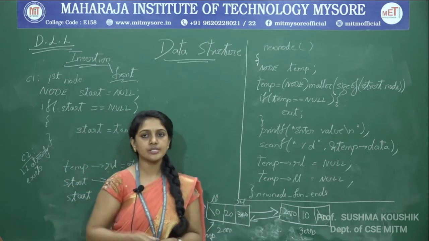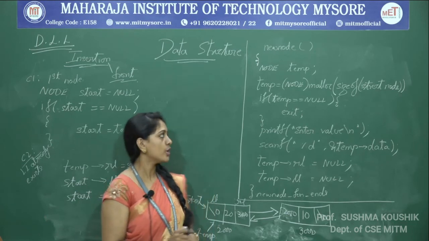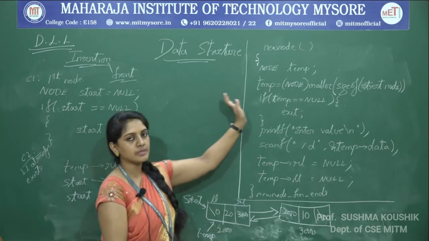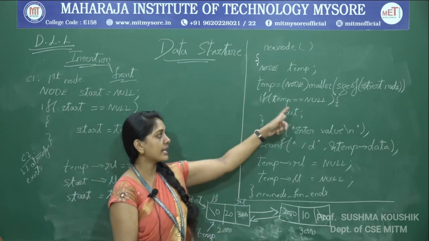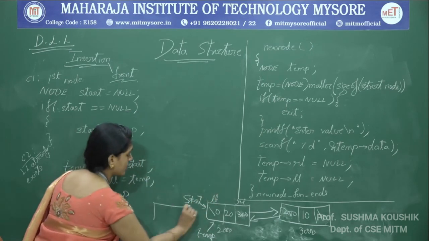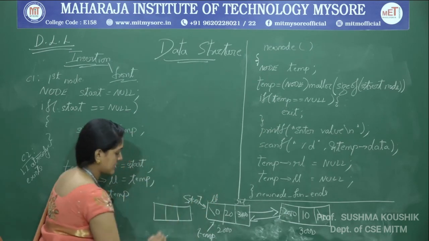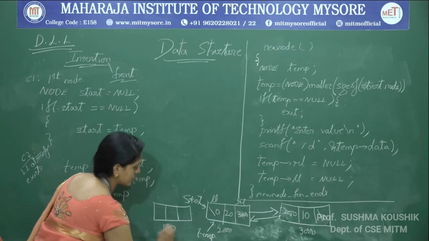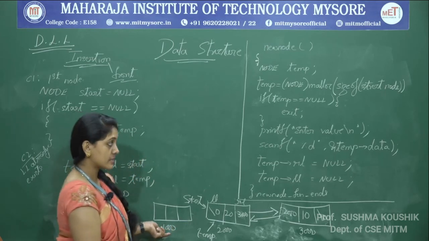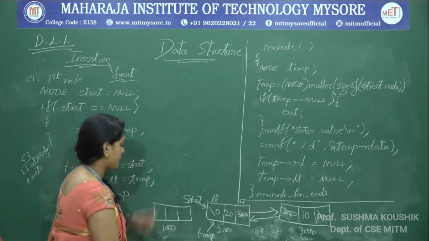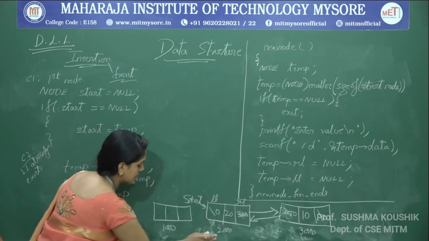We will quickly try to insert one more node with this code. Okay, so starting there, node temp is equal to malloc. Once I write that line, we will get a new node with these three fields and some address location, probably 1000. If I assume it is 1000, temp is pointed there, no more does temp have 2000.